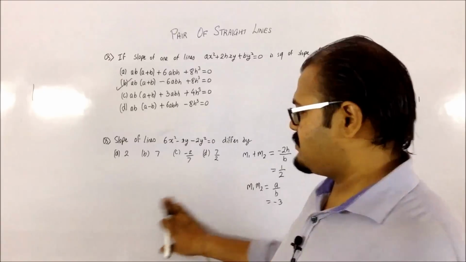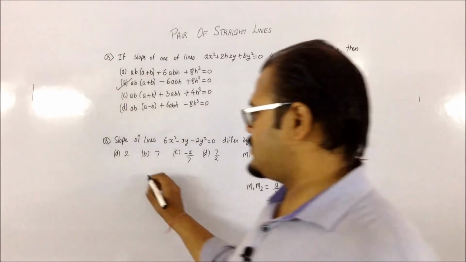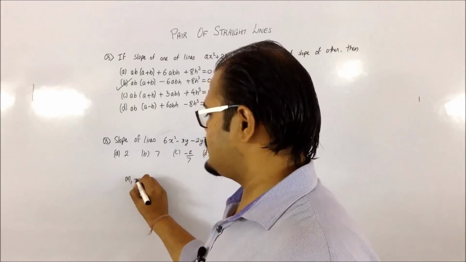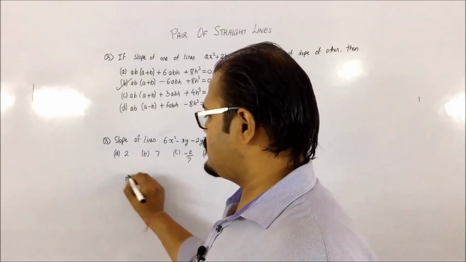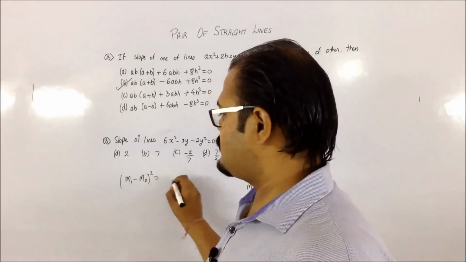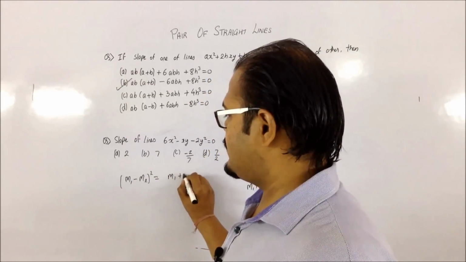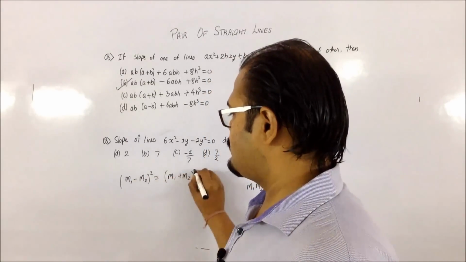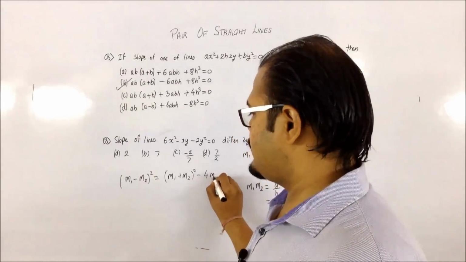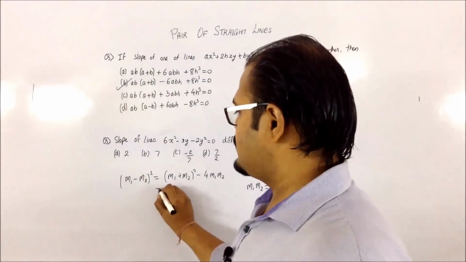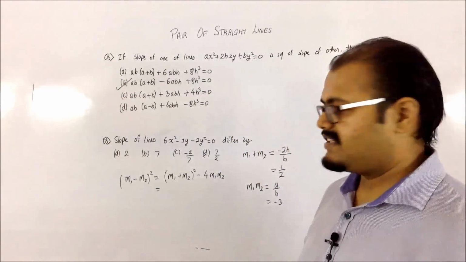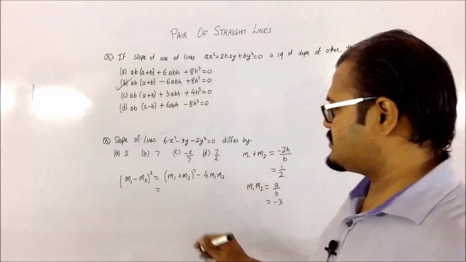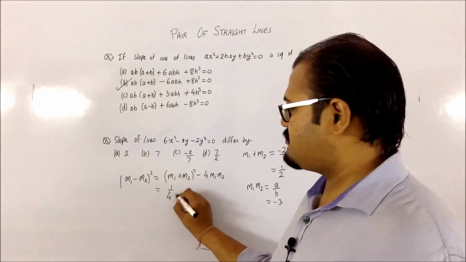So after that I want to find the difference. So for the difference I can use this formula, that is m1 minus m2 the whole square is equal to m1 plus m2 the whole square minus 4 times m1 m2. So I will just substitute the values. So I know m1 plus m2 is half, so that will be 1 by 4.